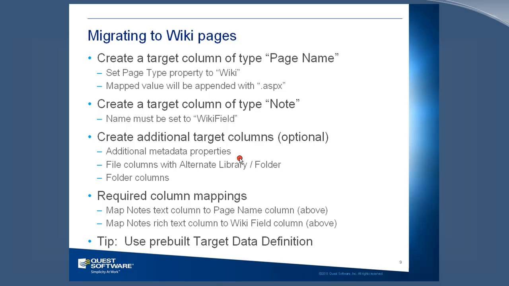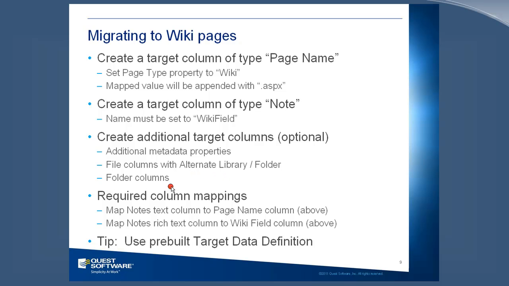You can set as many properties as you want. The wiki page is just one big rich text page, but if they were to go do view properties, they'd see these other metadata properties you mapped. And you can also use these metadata properties in views to organize your content and in search and things like that. So you can also map file columns to alternate libraries and folders like we talked about.